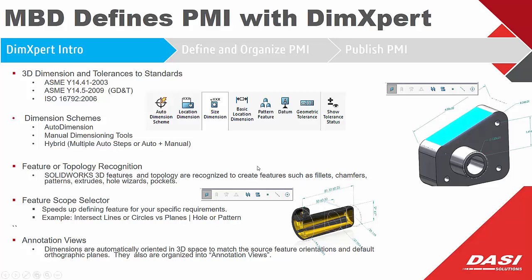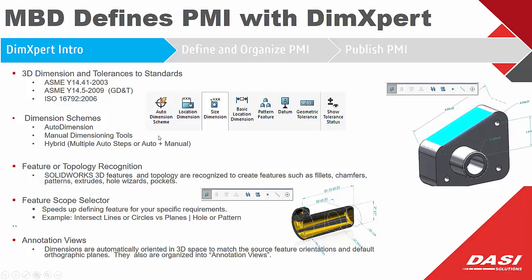So there's a couple of schemes here for dimensioning. There's auto dimension, which is my favorite, and I actually use some hybrid approaches where I typically define a certain amount of features, and then I'll re-auto dimension the next set of features, maybe in the right view, and then define features that would show in a top view. That's kind of just translating into how we traditionally create drawings.